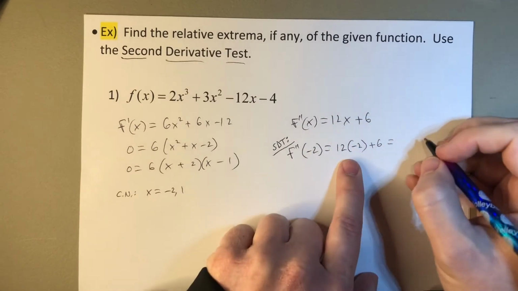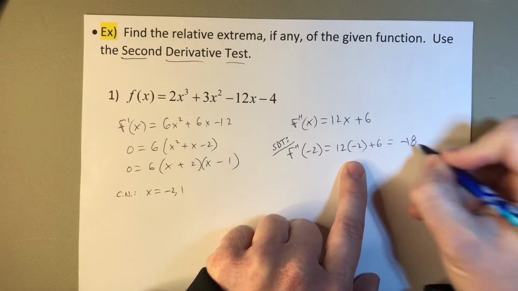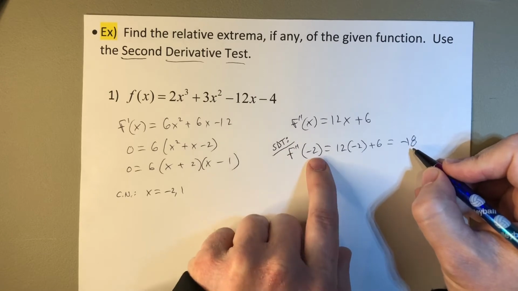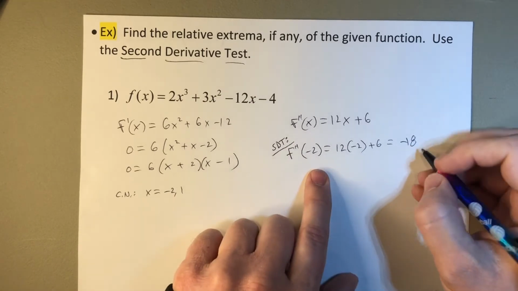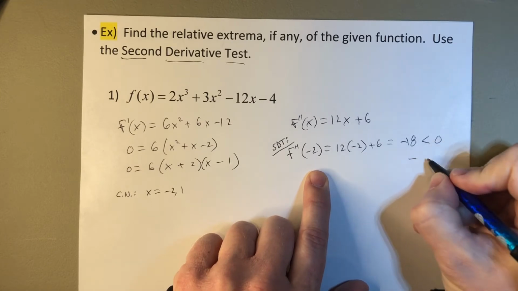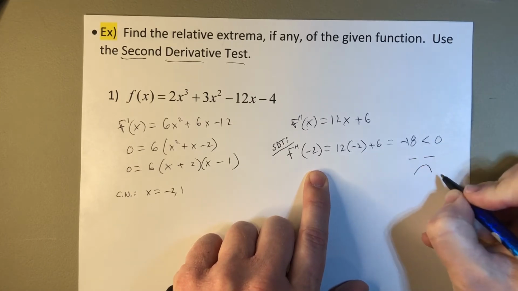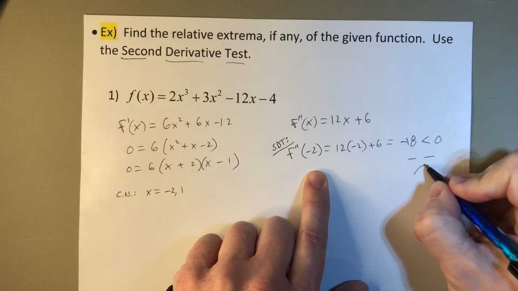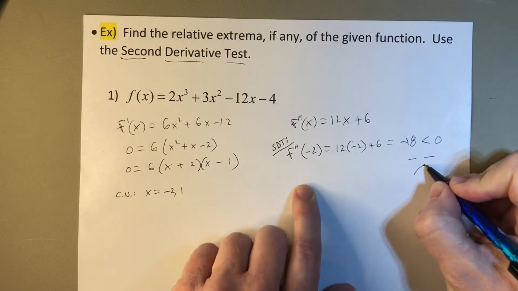So in this case, it's what? It's a -18, right? That's the value you get for f double prime of this critical number, -2. This is, of course, less than 0. If it's less than 0, you think sad face, concave downward. Well, think about a point here on the top of this arc. Maximum.